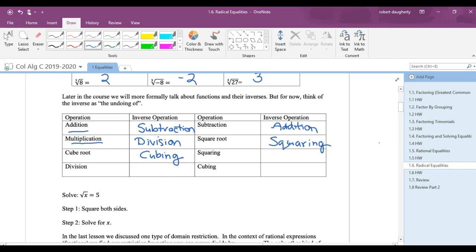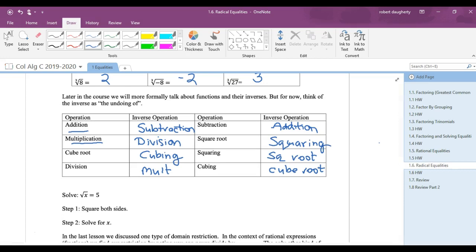What's the opposite of squaring a number? Taking its square root, okay? The opposite of division is, you know that one, multiplication. And the inverse of cubing is to take the cube root, okay? So these are things that we have to know, the inverse operations, to solve equations that involve these operations.